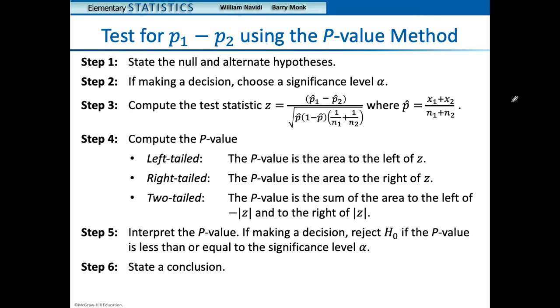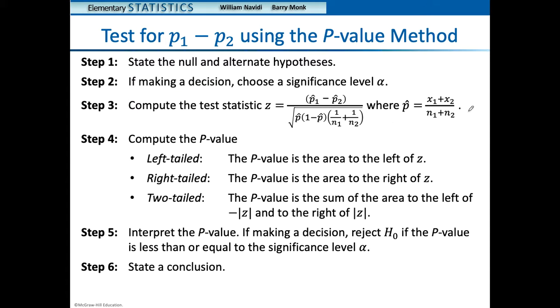So here is the step-by-step procedure we would follow for conducting the test. Start by stating the null and alternate hypotheses. Choose a significance level alpha. Third step, compute the test statistic using this formula for z, where p hat is the pooled proportion, which we find by adding the x values and dividing by the sum of the sample sizes.